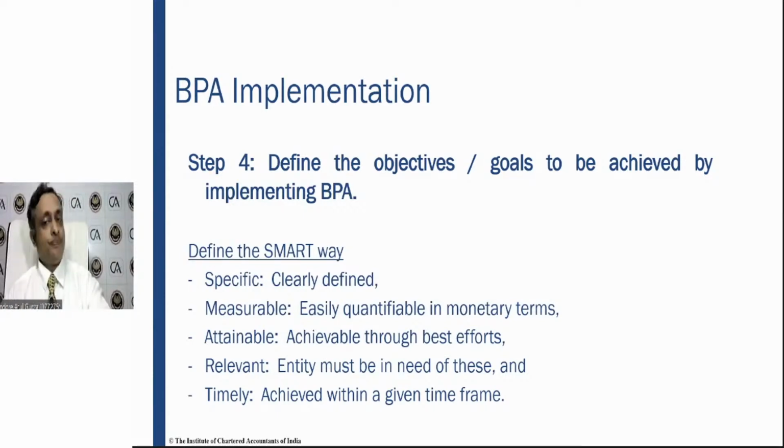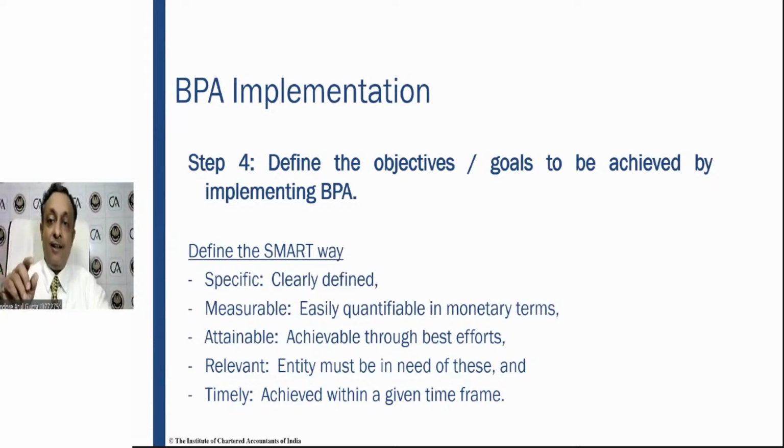Defining the objectives, goals to be achieved by implementing business process automation. Defining the SMART way. SMART is specific, clearly defined; measurable, quantifiable; attainable, achievable through best efforts; relevant, the entity must be in need of these; and timely, achieved within a given time frame. So let us map the example I've shared.